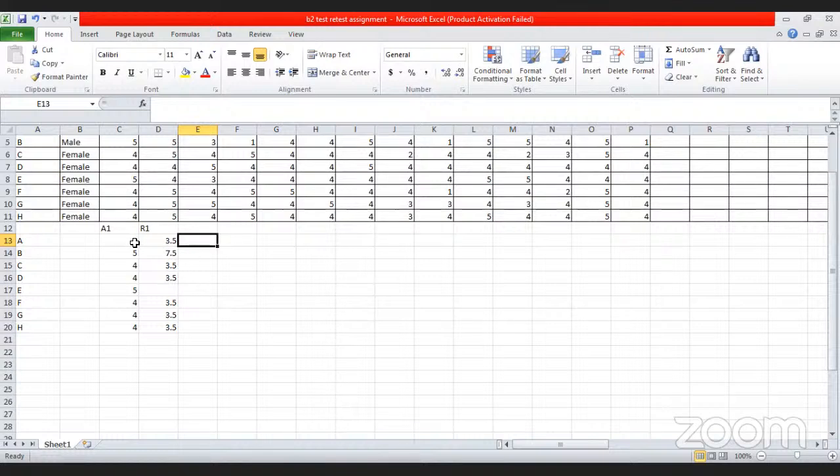This is the lowest score, that is 4 is the lowest score, but 4 is there 6 times. So 4 takes 6 positions from 1 to 6.